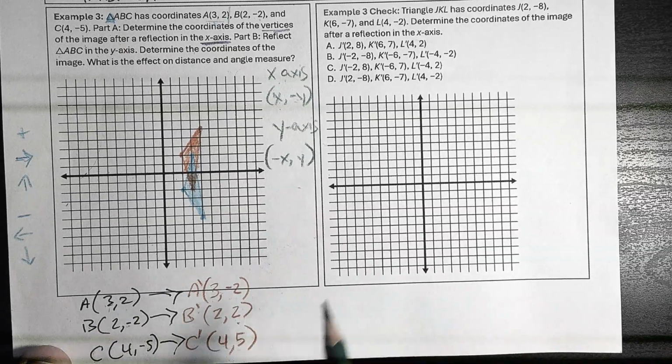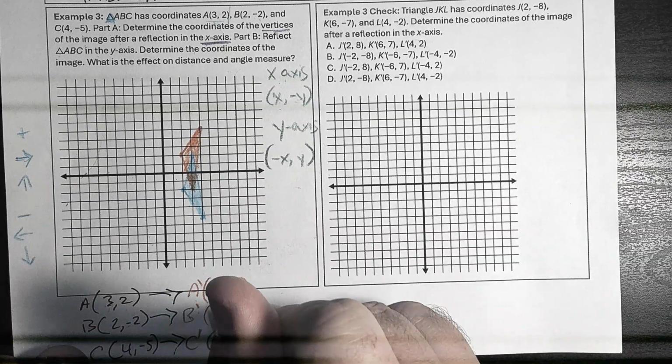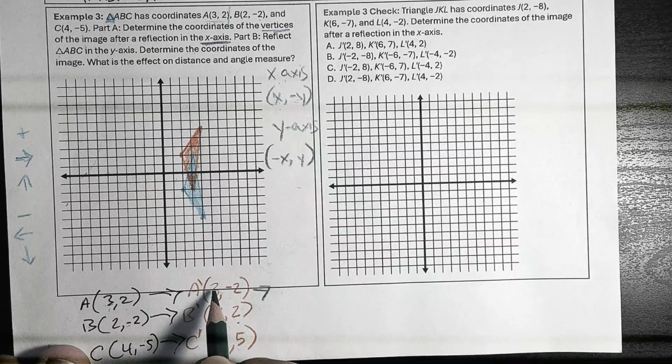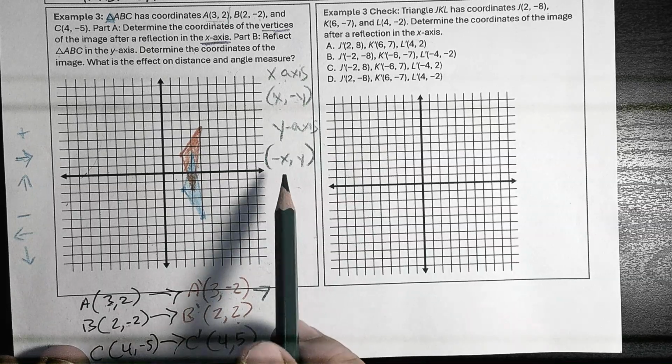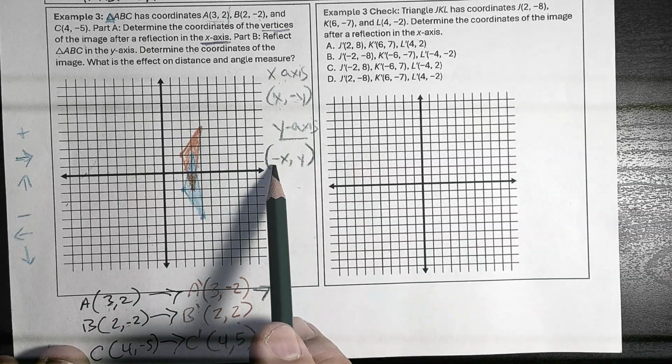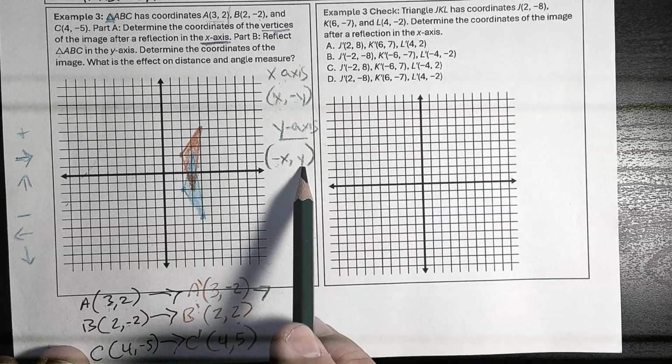All right, so we started there. So from here, this is your x comma y. We want to go in the y-axis, so the x is going to change, the y is going to stay the same.